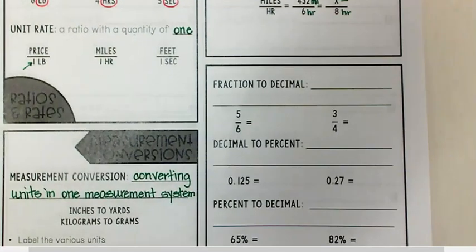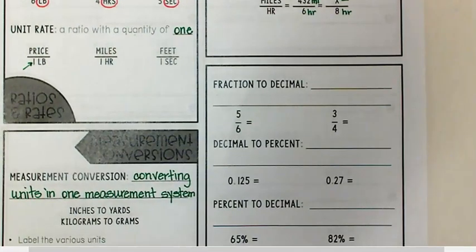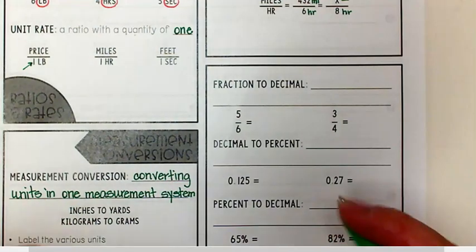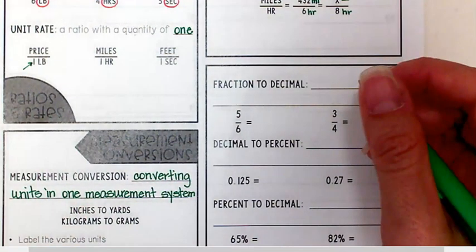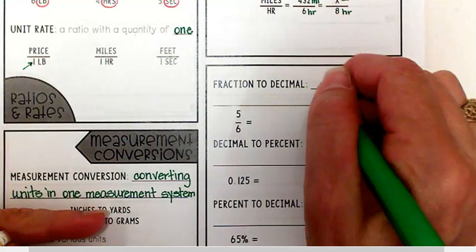And last but not least, we have reminders about converting fractions to decimals, decimals to percents, percents to decimals, and percents to fractions. For a fraction to a decimal, you are going to divide the numerator by the denominator.